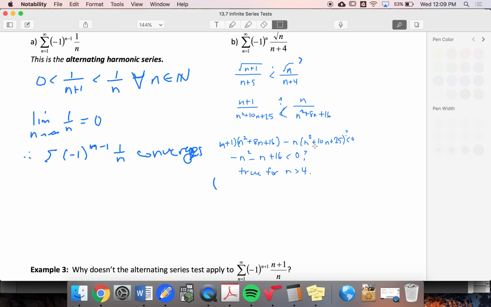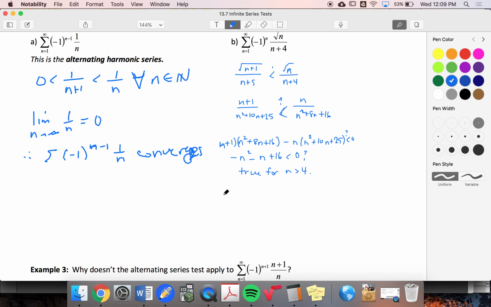So what I can do is I can take my original sum and I can rewrite it. So instead of having the sum from 1 to infinity, I'm going to say the sum from 1 to 4 of negative 1 to the n, root n over n plus 4, plus the sum from n equals 5 to infinity of root n over n plus 4.